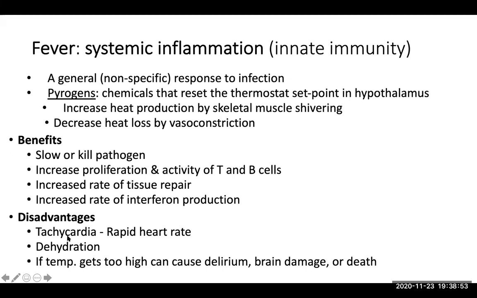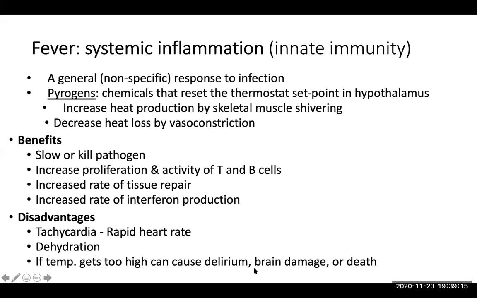You should also monitor your heart rate, and make sure that you stay hydrated because the fever can cause dehydration. It can cause rapid heart rate. If you get dehydrated, that's going to increase your heart rate even more. And of course, if the temperature gets way too high, then you can start to have hallucinations, right? You can become delirious.